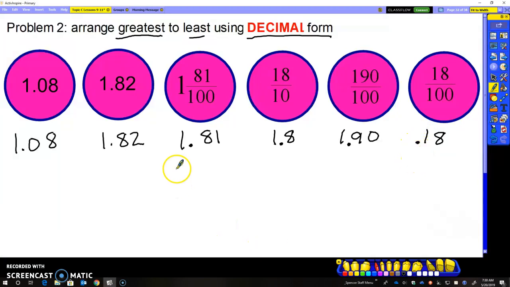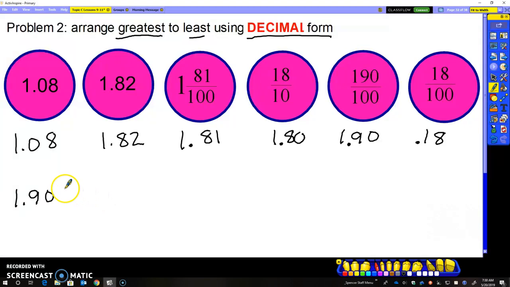All right, so now we have to think. We're going to order these from greatest to least. So I want to pick the one that is the greatest first. I'm going to rewrite it down here. It looks like I have 1.90, and I'm going to tack on this 0 here so I can see that it is 90 hundredths, and that one is going to be first.